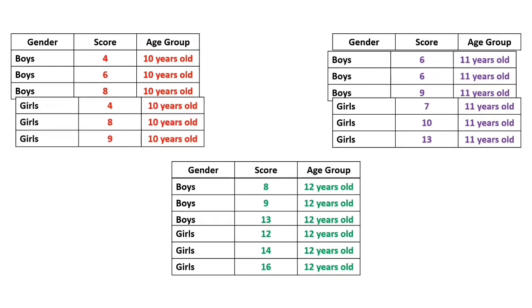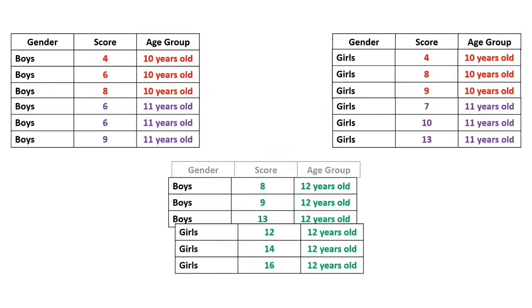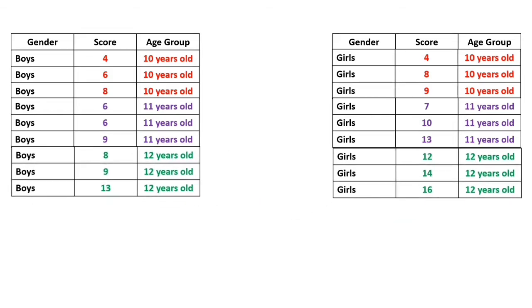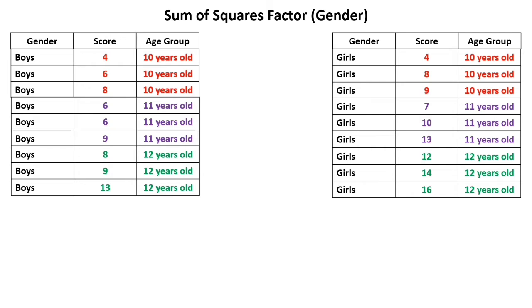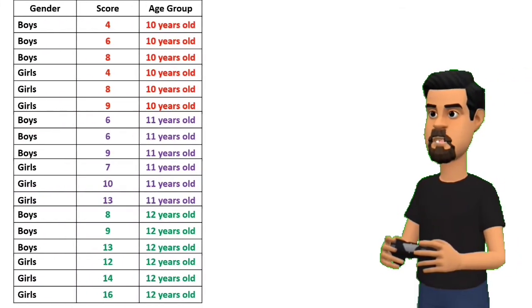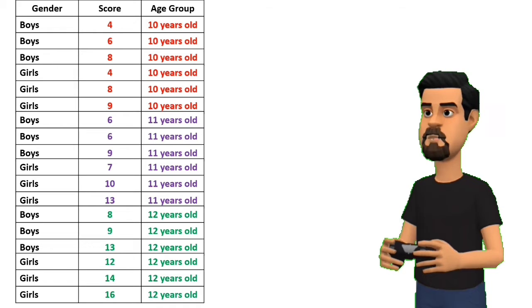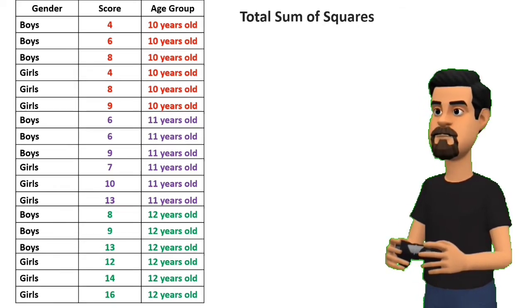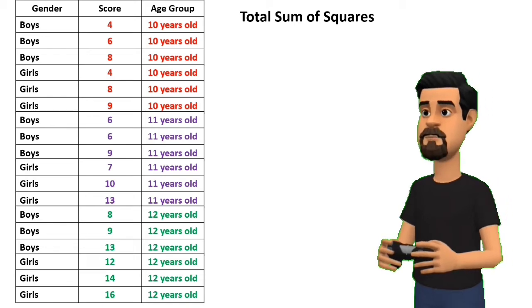Then, reorganize the data, this time by gender. This time, I have a thing called sum of squares for the second factor, which is gender. Then, analyze based upon gender. And finally, let's take all the data into one big chunk and let's call it total sum of squares, then analyze it as well.